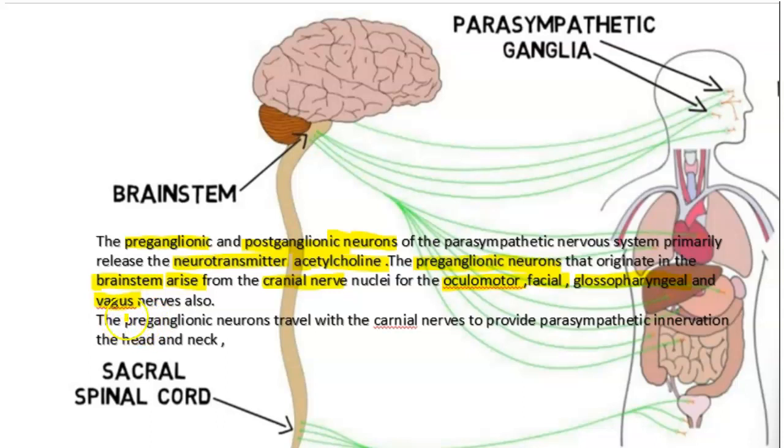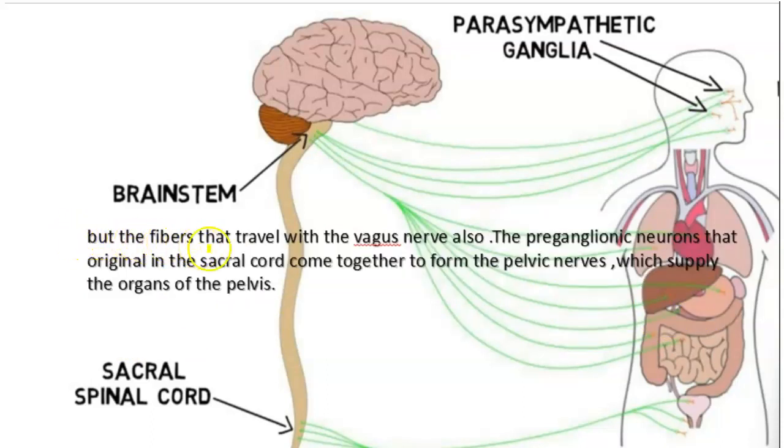The preganglionic neurons travel with the cranial nerves to provide parasympathetic innervation to the head and neck, but the fibers that travel with the vagus nerve also innervate the organs of the thorax and abdomen.